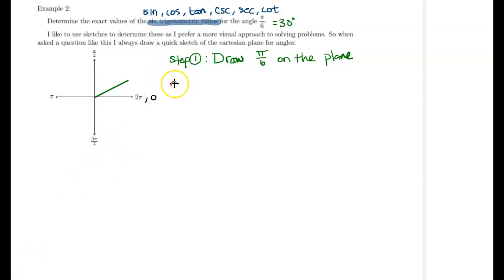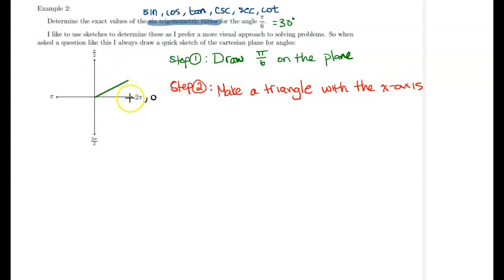Step 2 is where we are going to make a triangle. We're going to take the end, drop it down to the x-axis, and make a triangle with the x-axis, always the x-axis, never the y, it's always the x-axis, and label the special triangle that it makes.